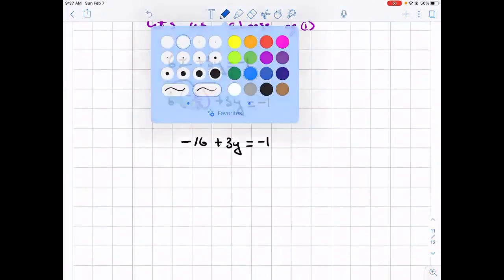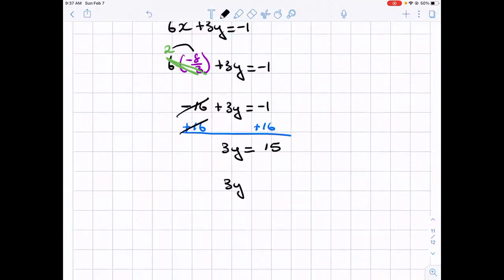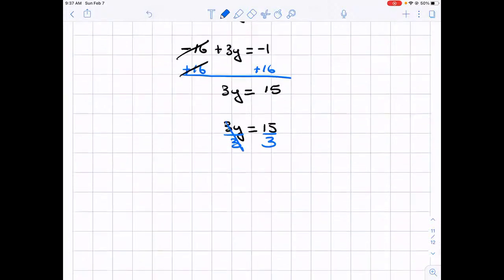And I'm going to add 16 on both sides. The minus 16 and the plus 16 cancel, so we have 3y is equal to 15. And to get y by itself, we will divide both sides by 3. By doing this, we see that y is equal to 5.